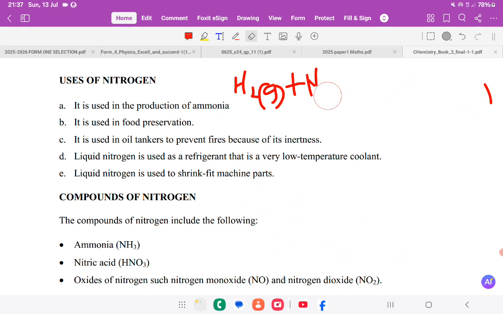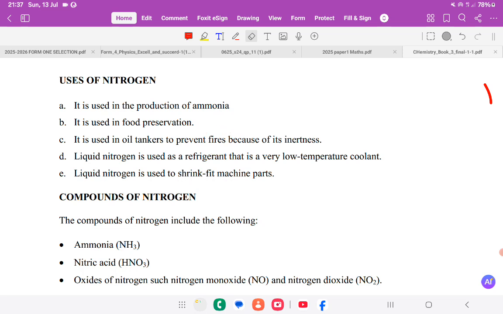All right, another use of nitrogen is that it is used in oil tankers to prevent fires because of its inertness. Again, using its inert behavior, it can be used to prevent fires in tankers.